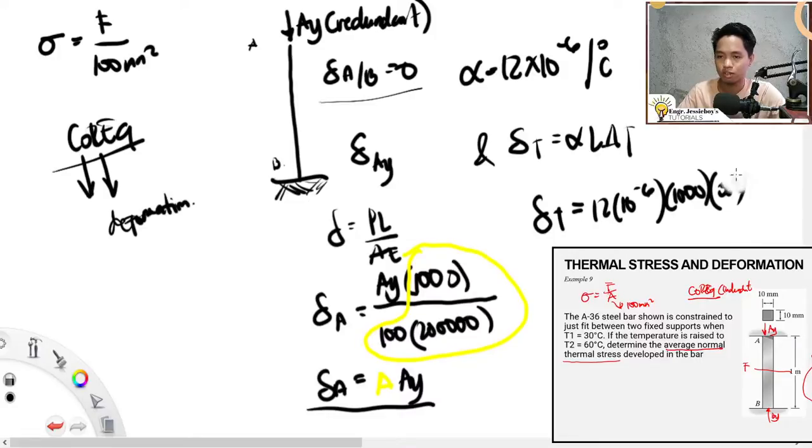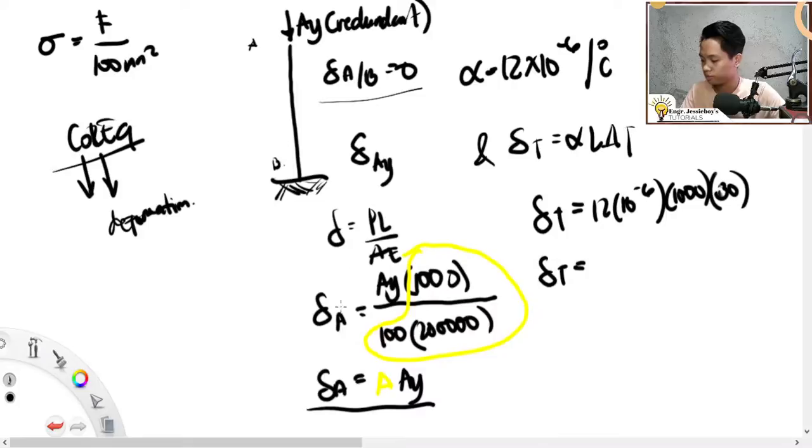So that would be 30 degrees Celsius. Therefore, what would be my deformation due to thermal expansion? That would be 0.36 mm.